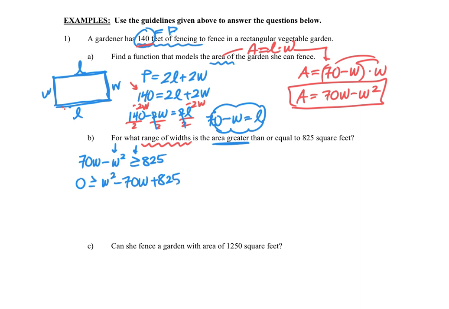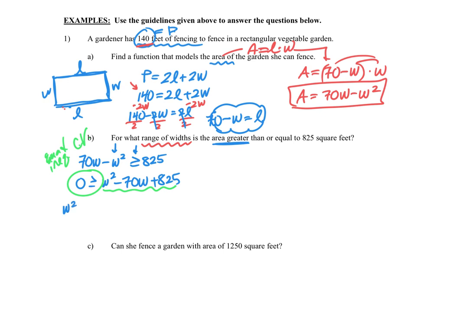Now, this being a quadratic inequality means that I'm going to need critical values. And generally speaking, when we did this, we said that all of this should be on the left and that my 0 should be on the right. So I like that better because of how this sets up. So I'm going to rewrite that.